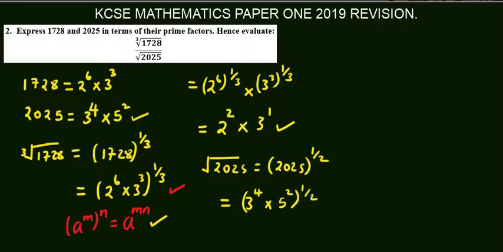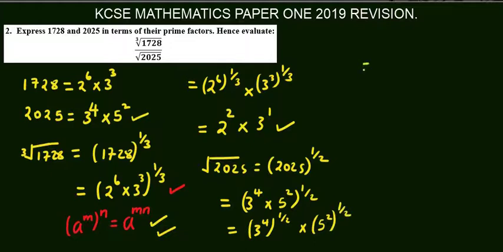Again, applying the laws of indices, we will have this simplifying to 3 power 4 raised to a half times 5 power 2 raised to a half.